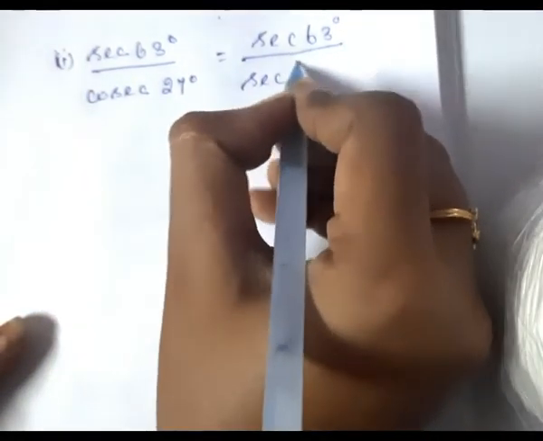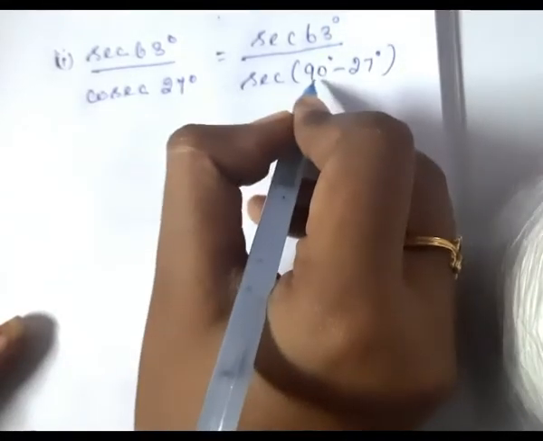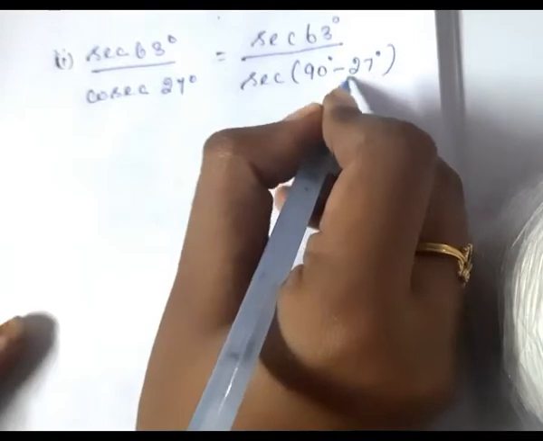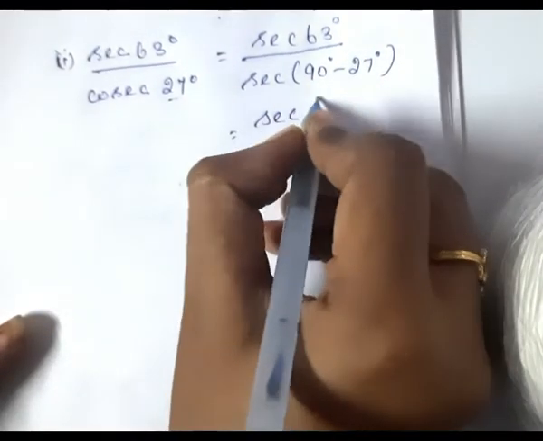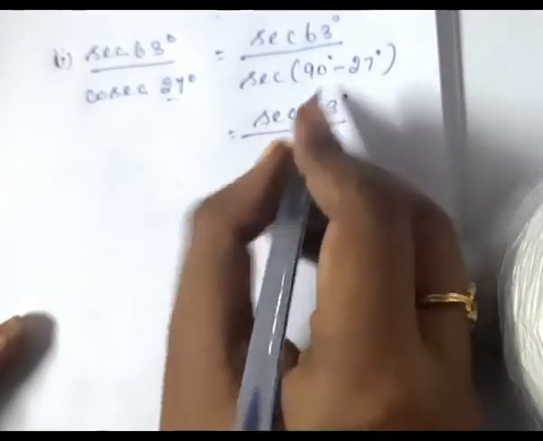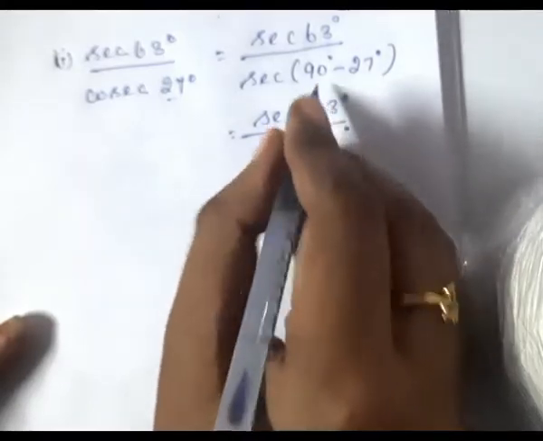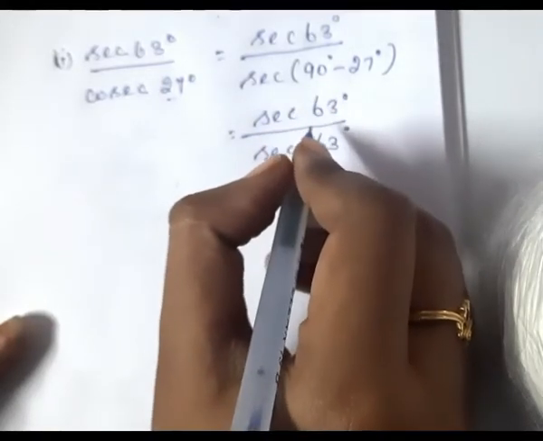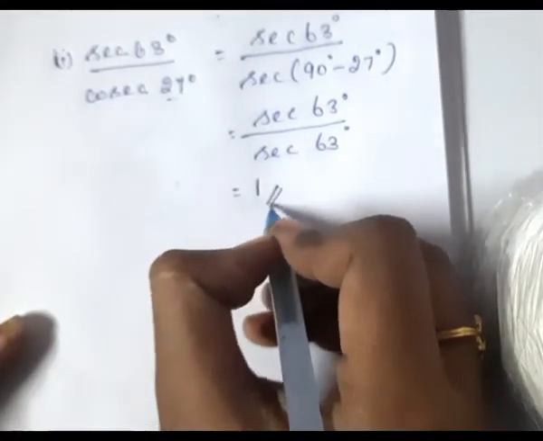So secant 90 minus 27 degree. 90 minus theta, in the place of theta we have 27. So just write it. So secant 63 degree by secant 63 degree. So both are the same. So if you cancel it, you will get 1. This is your answer.